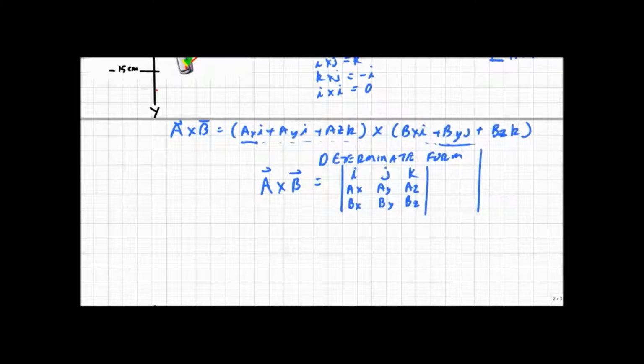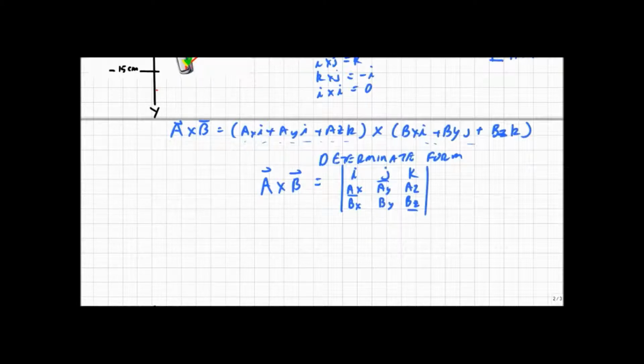Then AX times BZ, I cross K gives me J, and those terms AX, BZ, and J are there in the determinant. If you follow the whole thing through, you find that by evaluating that determinant, which is fairly straightforward, we can get the same answer as multiplying everything out, and the determinant form is much more compact and easy to work with.